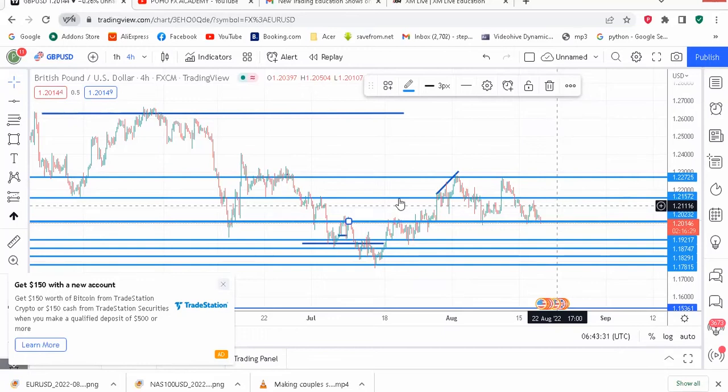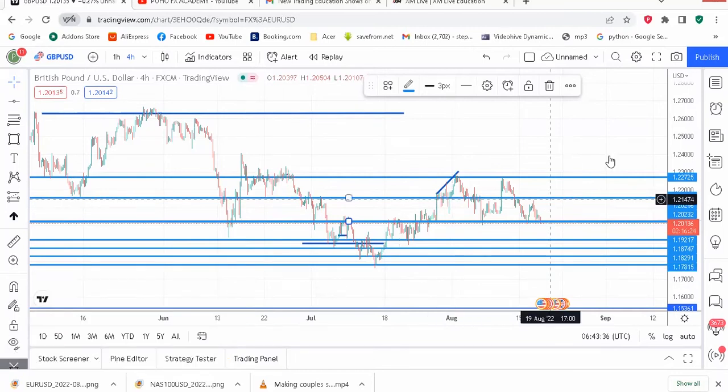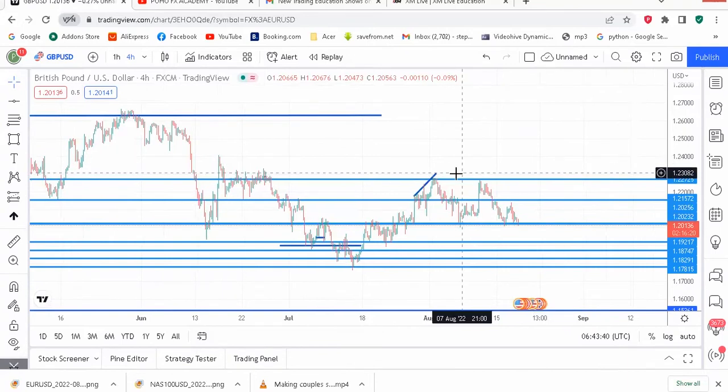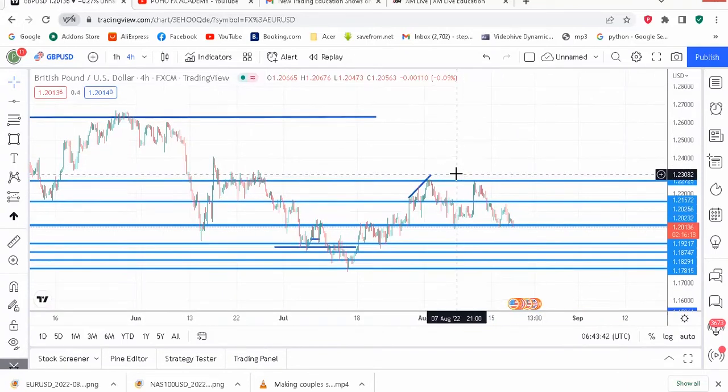Sometimes I try to make sure that I keep things simple, because if I use the trading terminology the entire time, it's going to be very difficult for a person who's very new to this and doesn't understand all the terminologies.